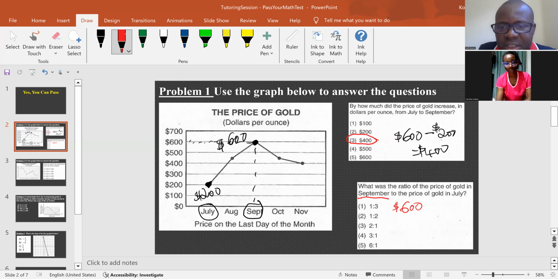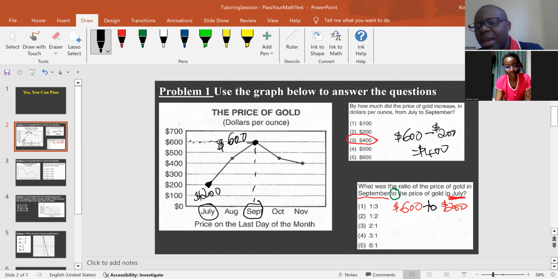The key word you have to understand is "to". The price in July is 200. So here we have 600 to 200, and that "to" means division.